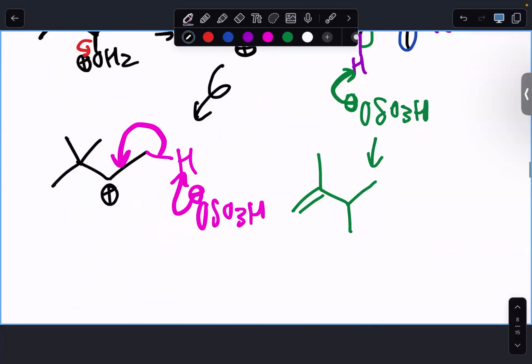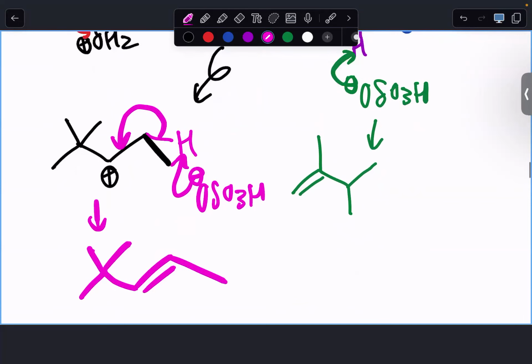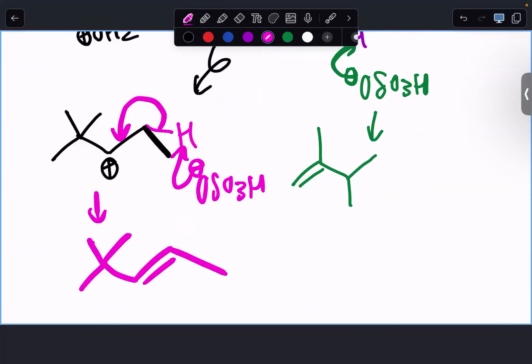Wait, I'm missing something. Oh, methyl group. Yeah, there we go, to give us that other minor product there. This minor product comes from the less stable carbocation intermediate before the rearrangement step.